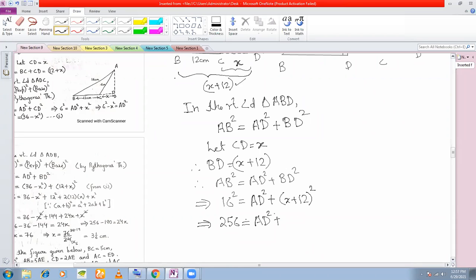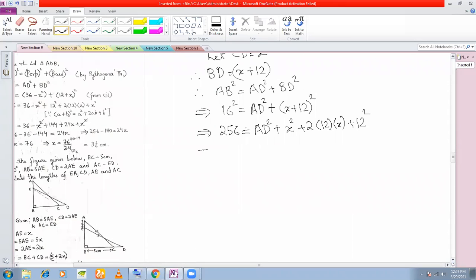And now you expand this by the A plus B whole square form. A square plus 2AB plus B square. So you get 256 is equal to AD square plus x square plus 24x plus 144. That means you take everything to this side.